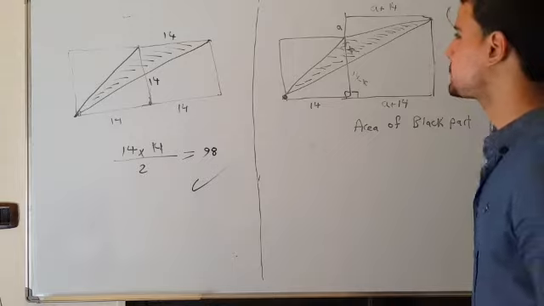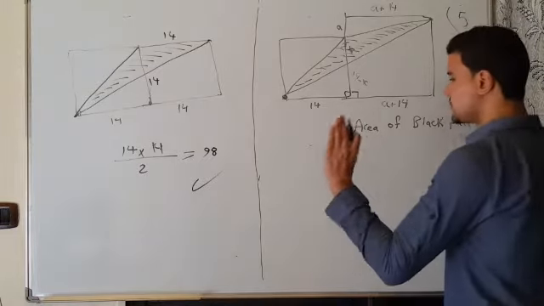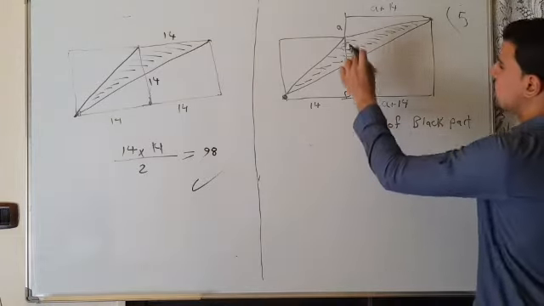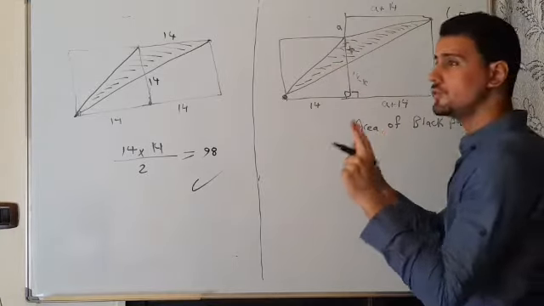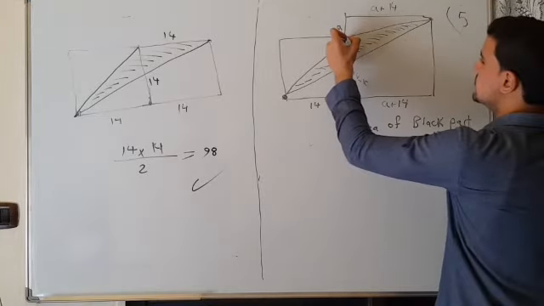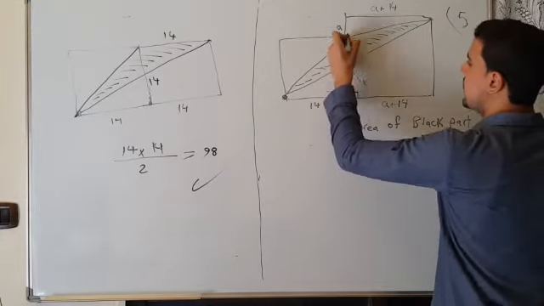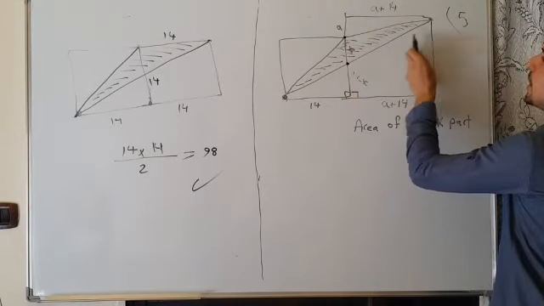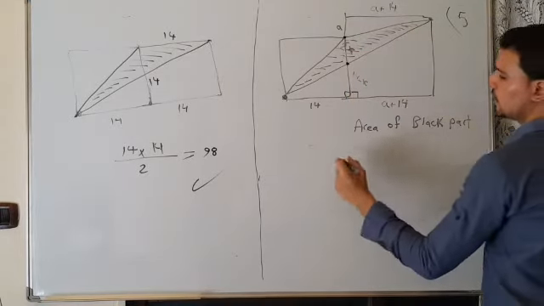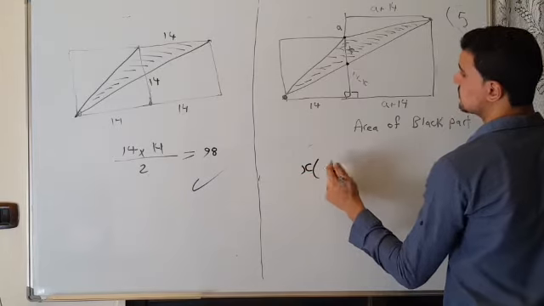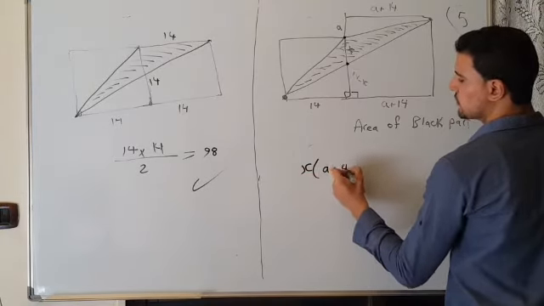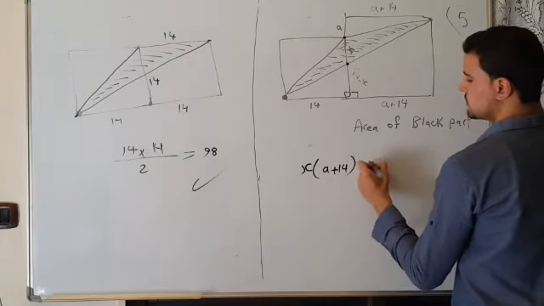Okay, and just so you know, the area of the black part could be divided into two sections. The first section is this base multiplied by the altitude, which means x multiplied by a plus 14. This is the first part.